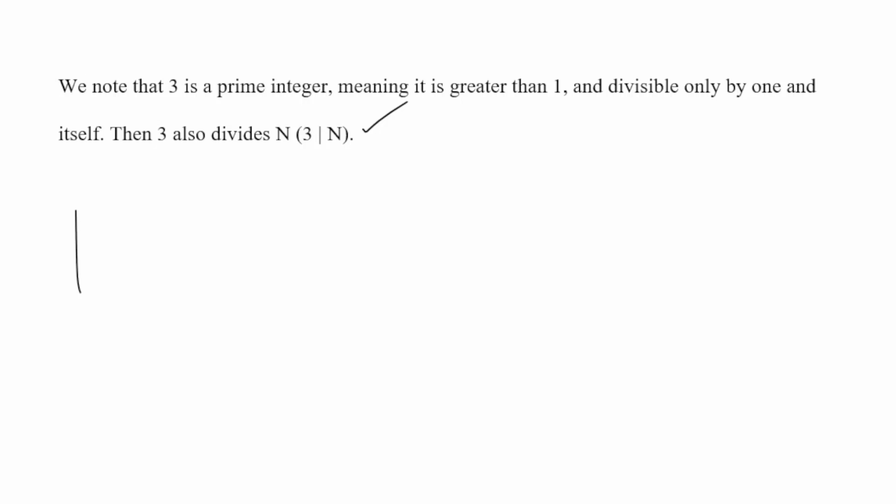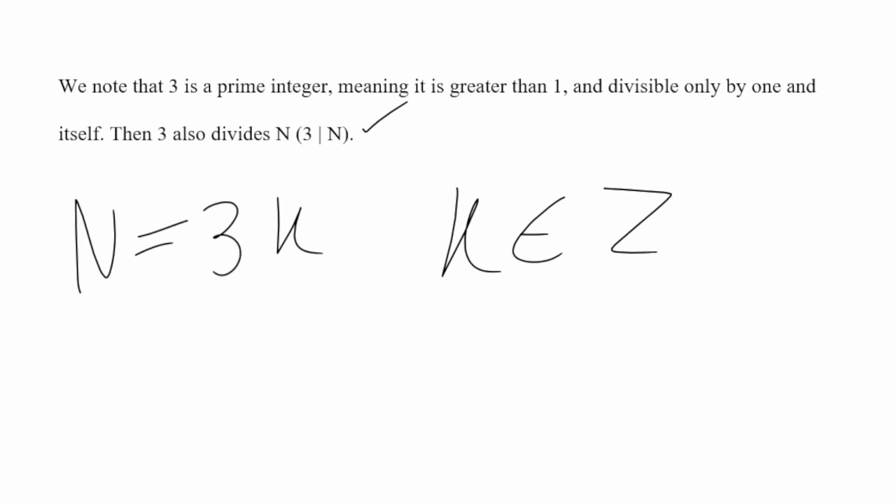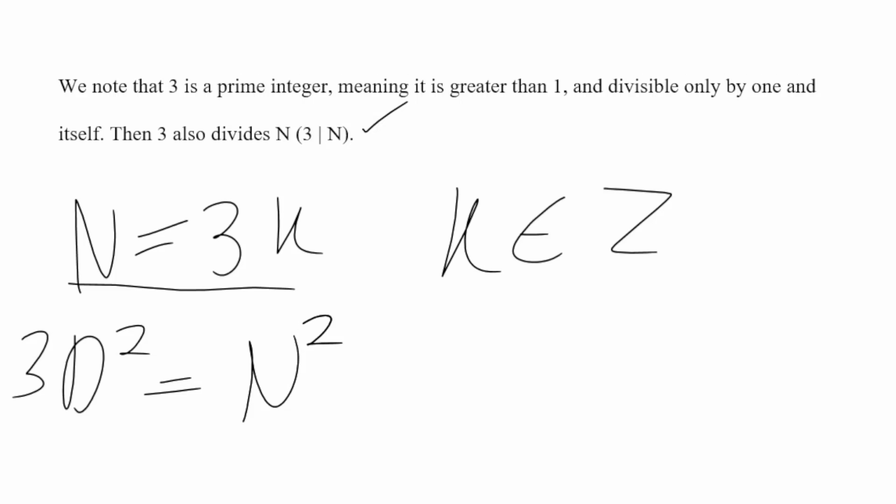Now we let n equal 3k, where k is simply an element of the integers Z. And we take n equals 3k and plug it into our equation, 3d squared is equal to n squared.